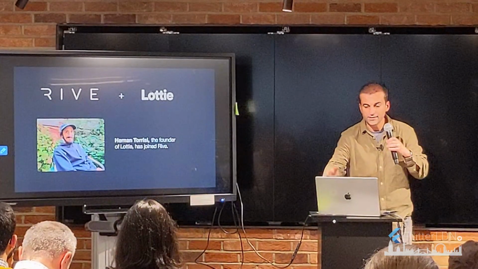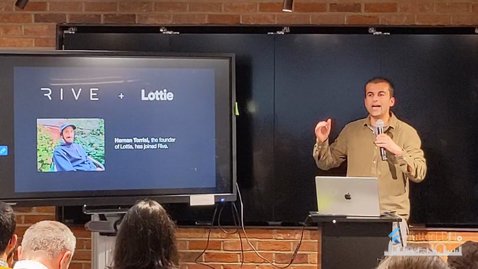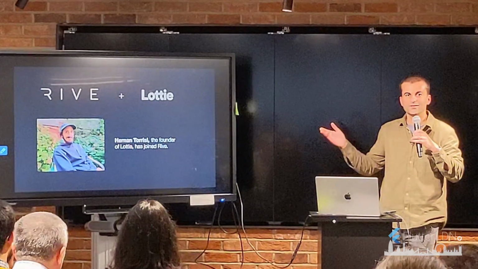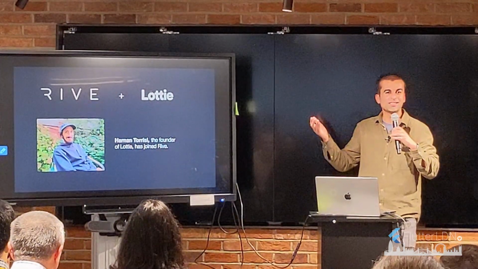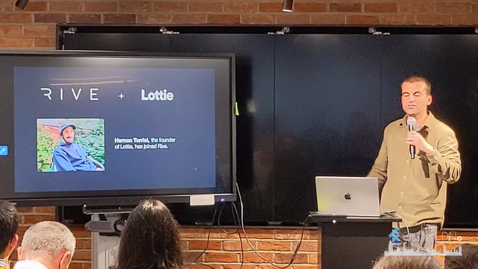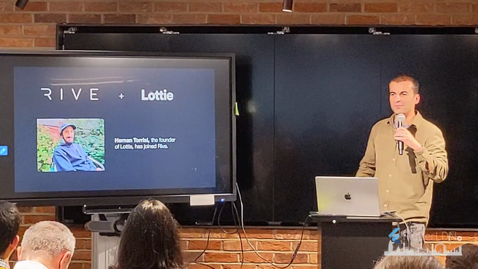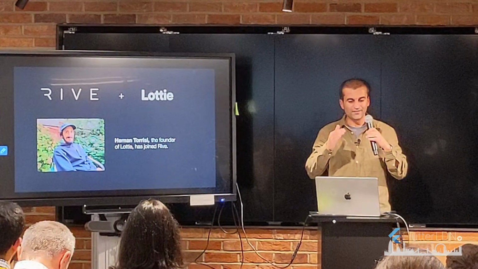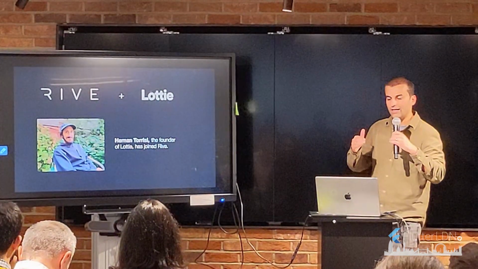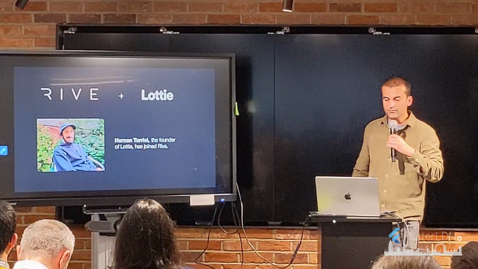And the amazing thing is, the Lottie founder has joined Rive. Yes, Rive is a complete solution. I mean, they have different goals, meaning they are trying to solve a different, much bigger problem.